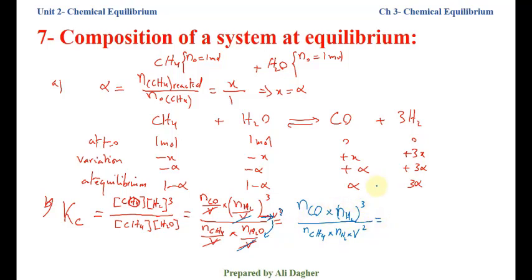Now, the number of moles of CO equals alpha, times the number of moles of H2, 3 alpha to the power 3, over the number of moles of CH4, 1 minus alpha, and H2O also 1 minus alpha, times V squared, equals 3 to the power 3, which is 27 alpha times alpha to the power 3, alpha to the power 4, over 1 minus alpha times 1 minus alpha, which is 1 minus alpha to the power 2, and V to the power 2.